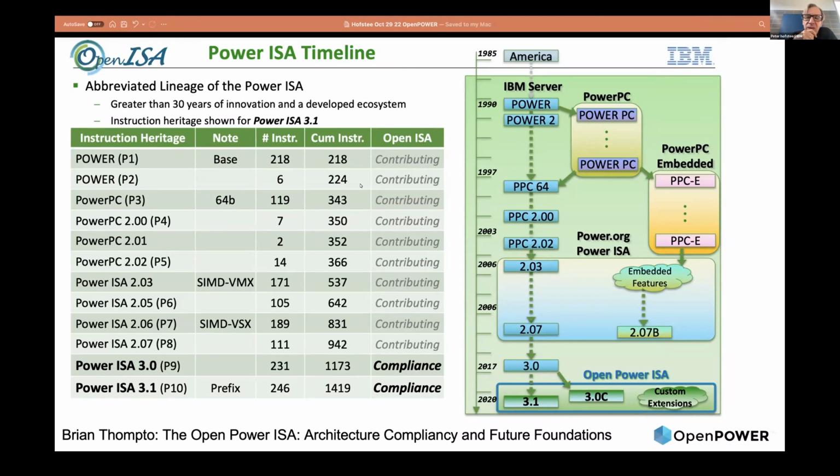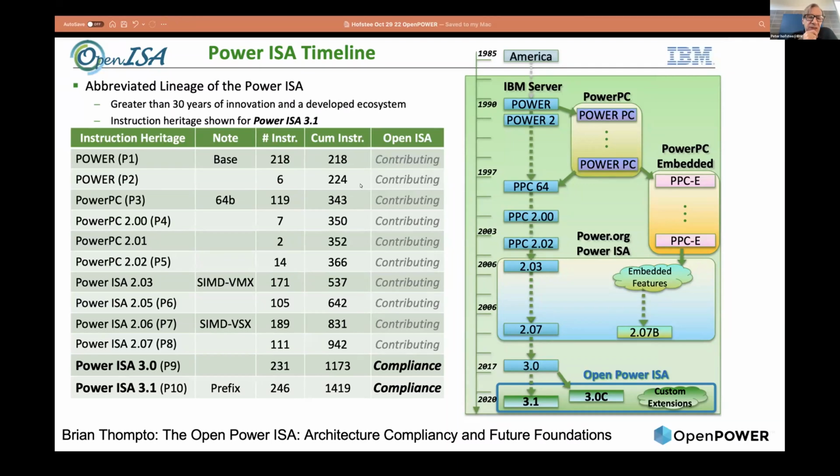Right now we are on version 3.1, and a few years ago we opened up the Power architecture, making it possible for people to build implementations of Power architecture that do not require paying royalties, and the architecture is managed under the Linux Foundation.